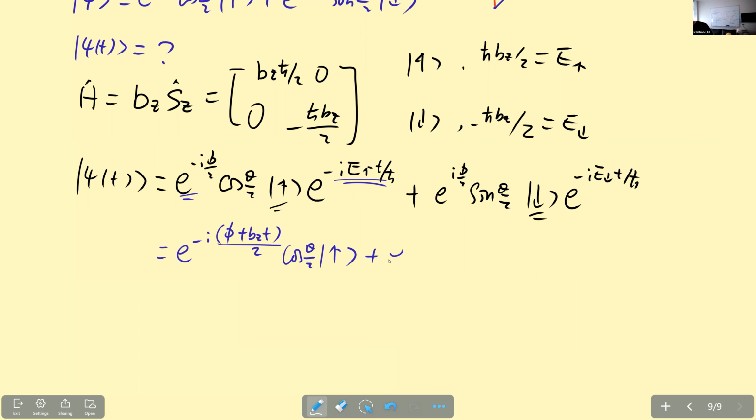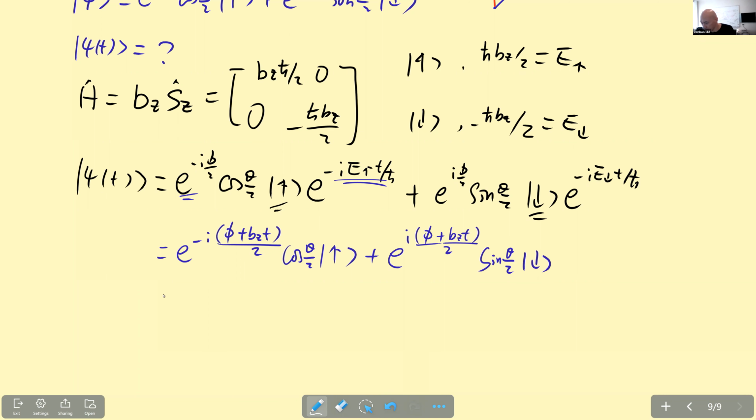And another term, similarly, is just phi, that's the original phase, plus, the E spin down is just h bar minus Bz over 2, so that gives us Bz times t over 2, and then sine theta over 2 spin down.